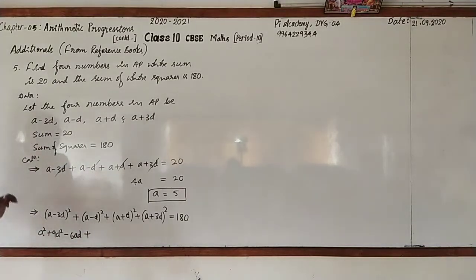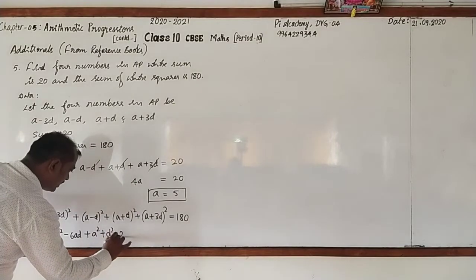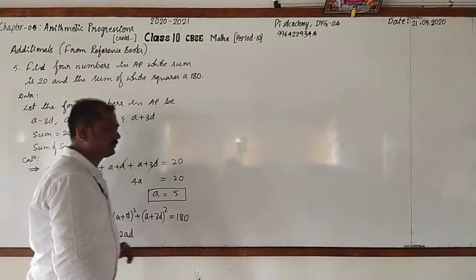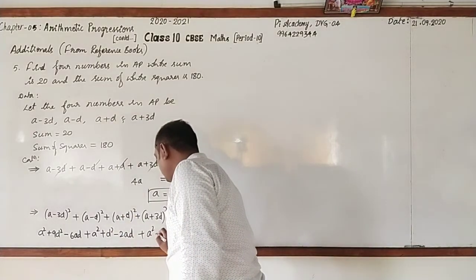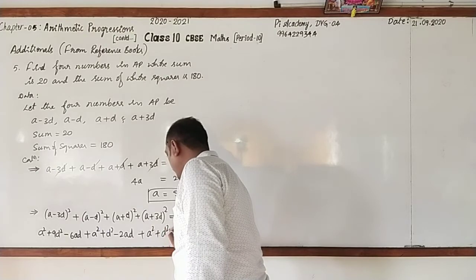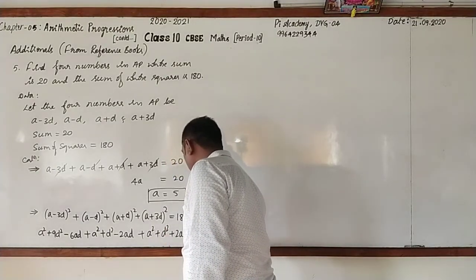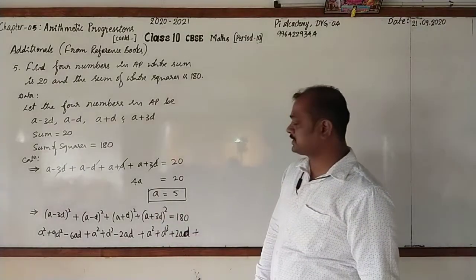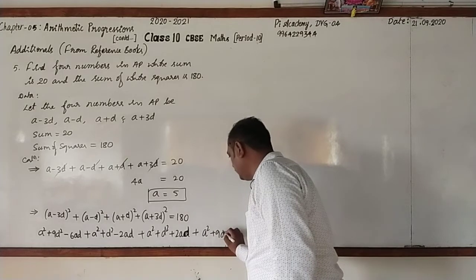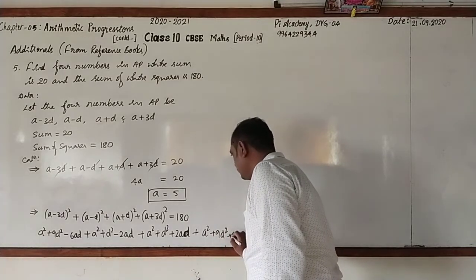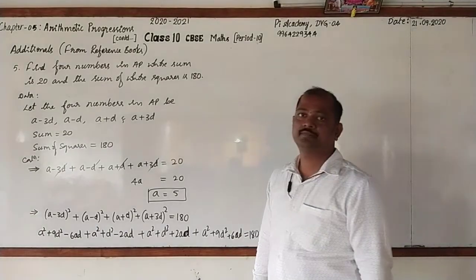Plus A minus D whole square: A square plus D square minus 2AD. Next, A plus D whole square: A square plus D square plus 2AD. Next, A plus 3D whole square: A square plus 9D square plus 6AD, which is equal to 180.